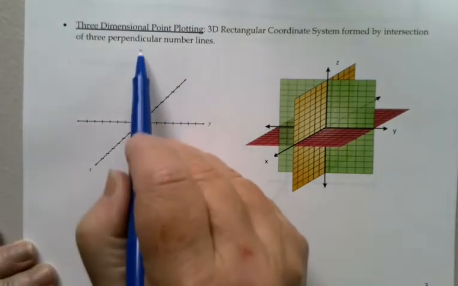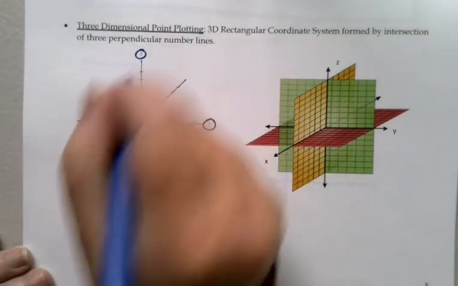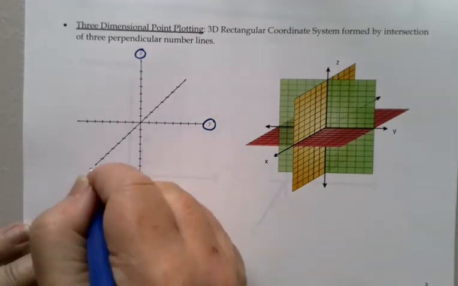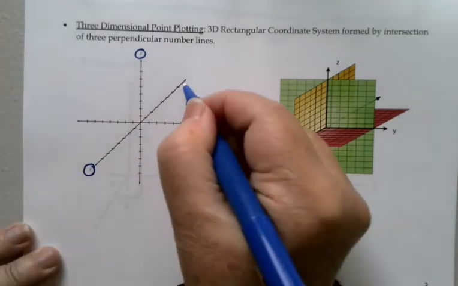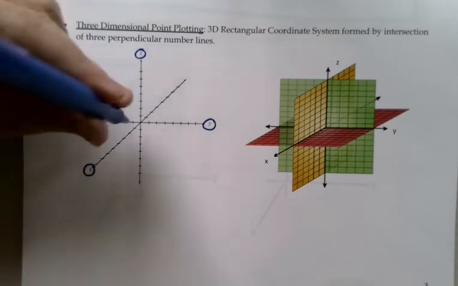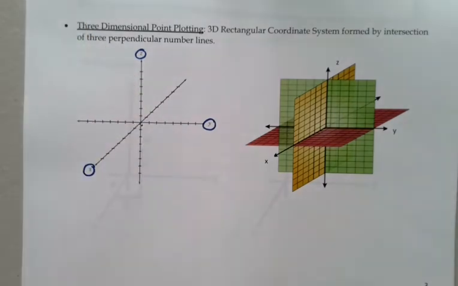The y-z plane, right? There's the y-axis and the z-axis. I'm going to draw flat in the plane of the paper. And then the x-axis looks like it's at an angle, but all that really means is that it's coming out of the plane of the paper. We're just showing the perspective. In actual reality, that x-axis would be perpendicular, coming straight up from the origin. But we can't draw it like that.